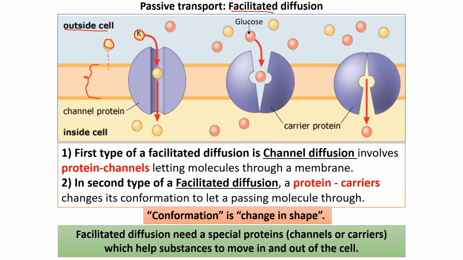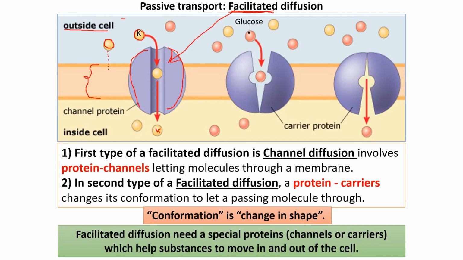Because of this, they need facilitated diffusion. They need a transmembrane protein. And here the purple shows a transmembrane protein, and potassium can move through these channel proteins inside of the cell.